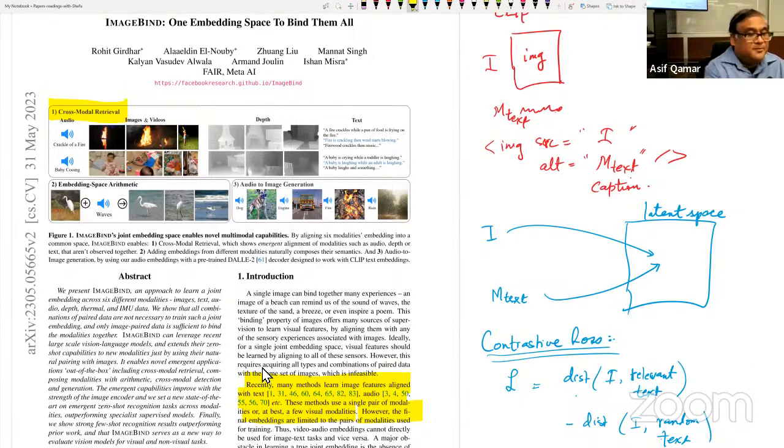Let's look at number 2, embedding space arithmetic, because you can add and subtract vectors. Suppose you take the vector of a bird, and then you take the vector of waves. You could do it by giving it the sound of a wave and the picture of a bird, or you could have given it the word bird.